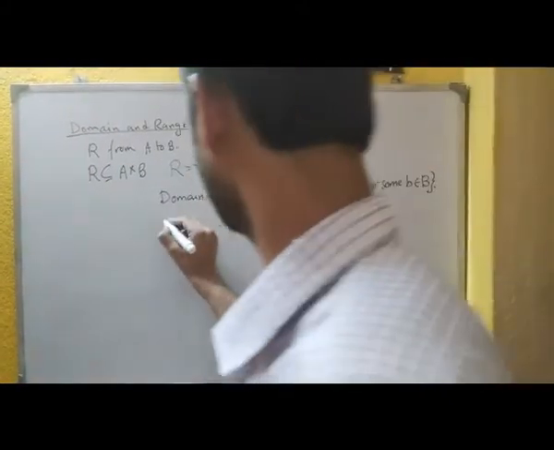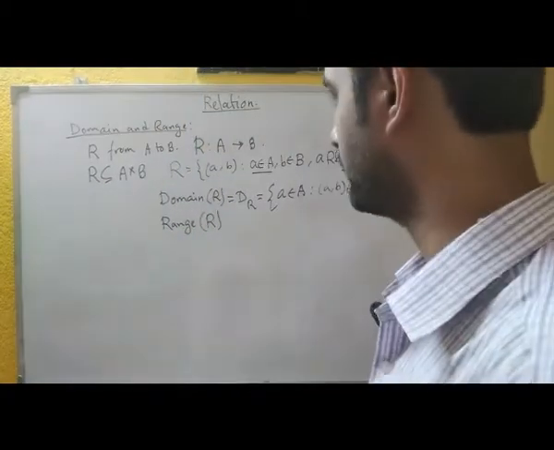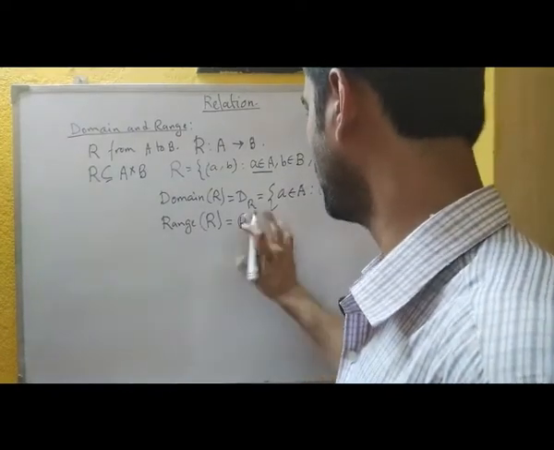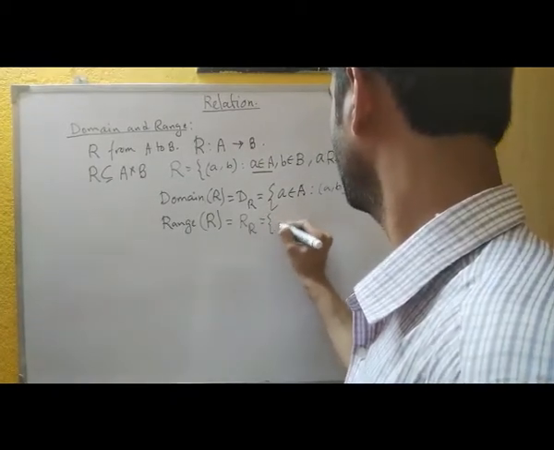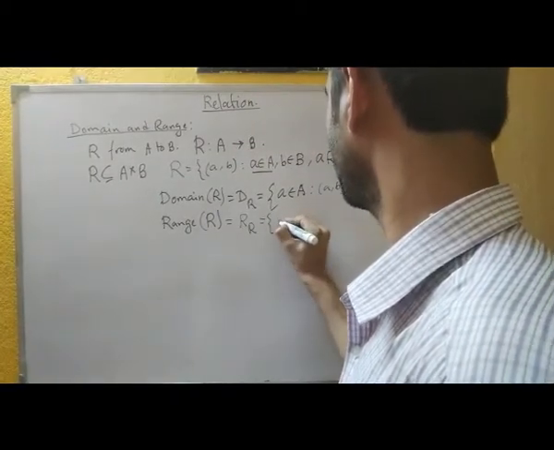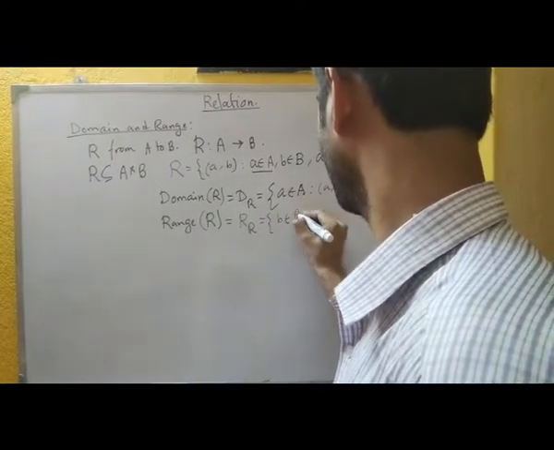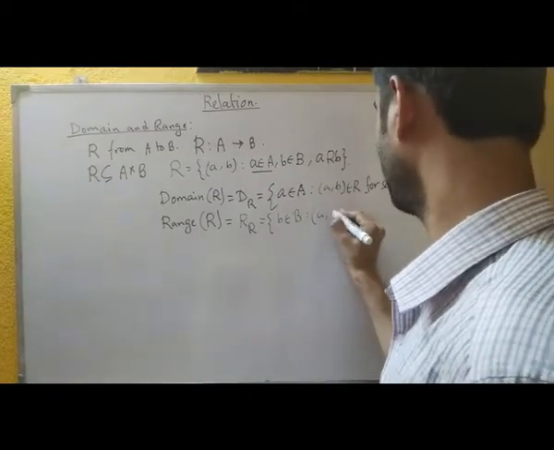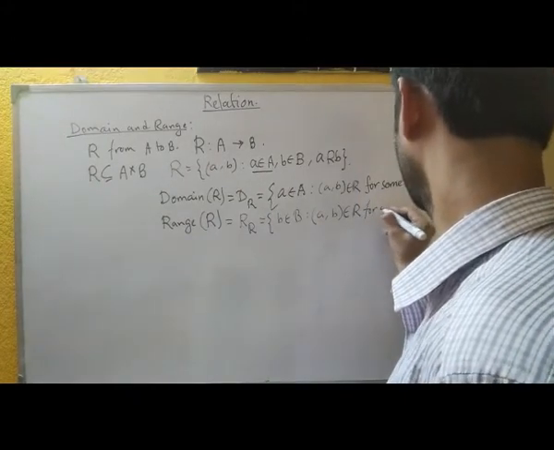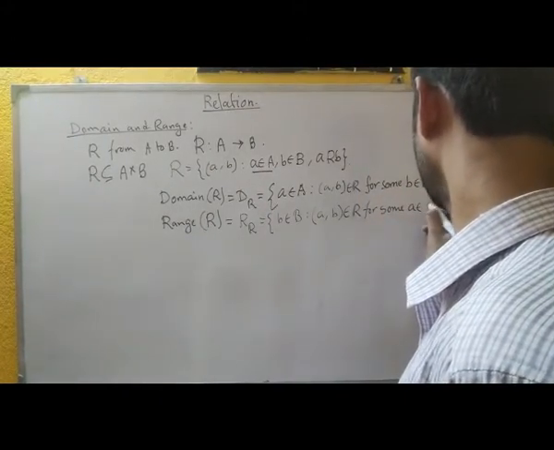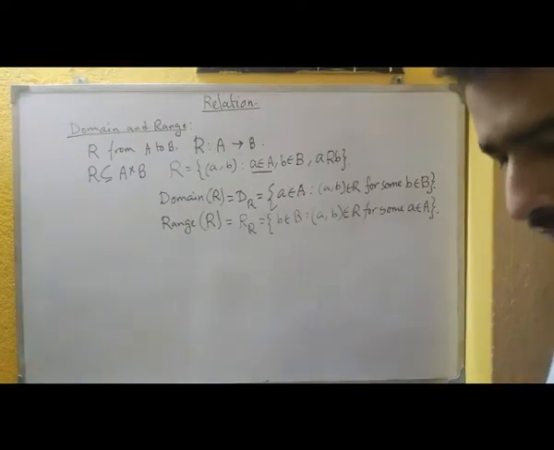And in the same way, we write the range like this: range of R, or we can write R suffix R. It is the collection of all the elements b belonging to capital B such that (a, b) belongs to capital R for some a belonging to capital A. So these are the two sets, domain and range.